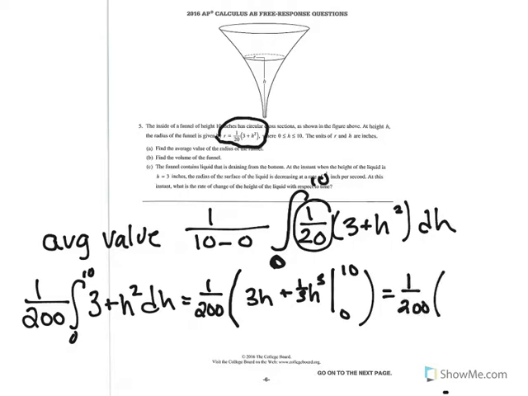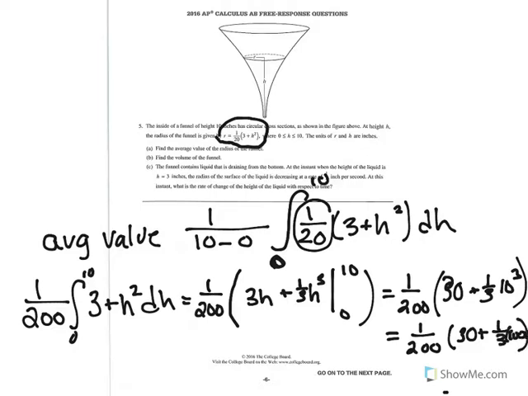I'm just going to fill these in: 30 plus 1/3, 10 to the third. I can leave it like that. I don't have to go any farther if I don't want to. If I feel the need, 1 over 200, 30 plus 10 to the third is 1,000, so that would be 1,000, 1/3 times 1,000. And I'm going to leave it there. There's no sense doing more work to find out what the answer is going to be. Okay, so I found the average value.